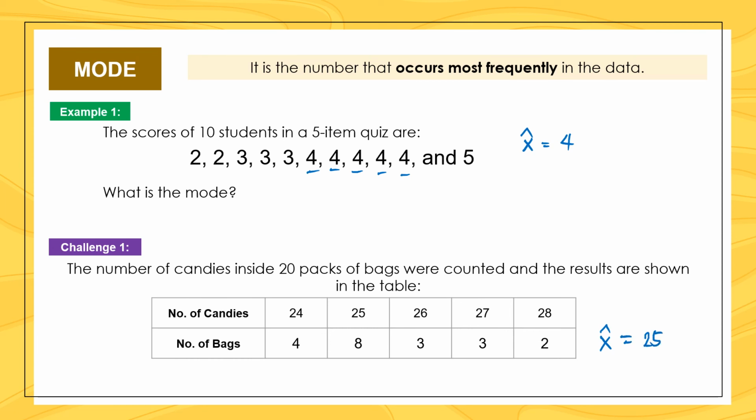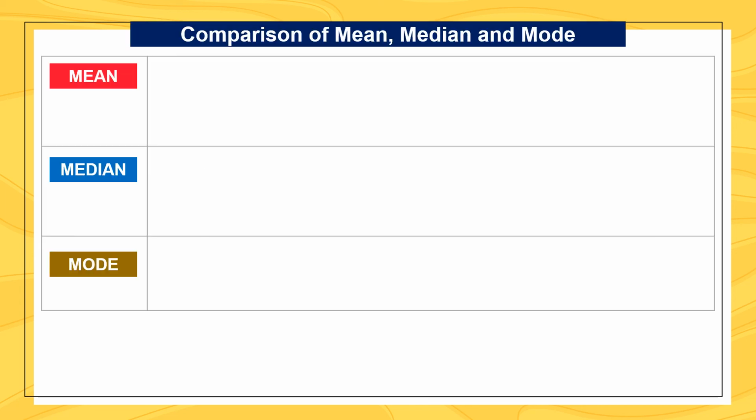So that is the most number of candies inside the 20 packs of bags, since we got 8 bags which contain 25 candies. Okay, so that's it for our 3 statistical tools used in measures of central tendency.